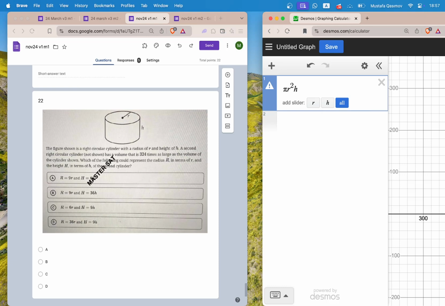Here you have to understand that if you increase radius by 2, for example, volume will increase by 4. If you increase h by 2, volume increases by 2. So there's a linear relation between volume and height. There's a quadratic relation between radius and volume.